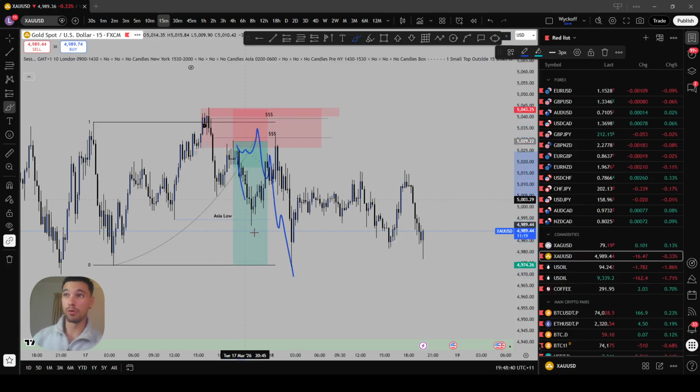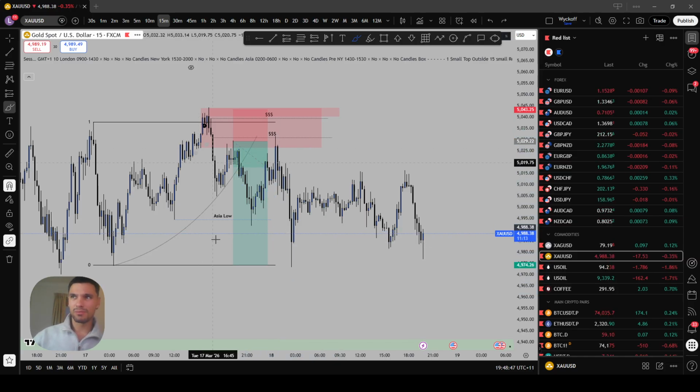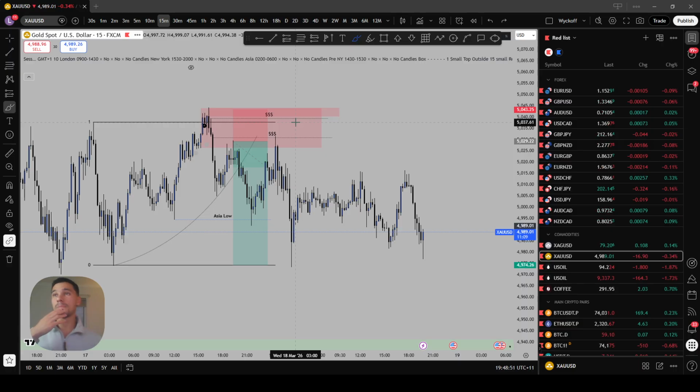We actually moved down for the Asia low, then swept, and then moved down to hit range low, which is not the best price behavior. It's not what we want, and hence why I didn't take an entry, because it's not the method I practice, it's not the method I preach.